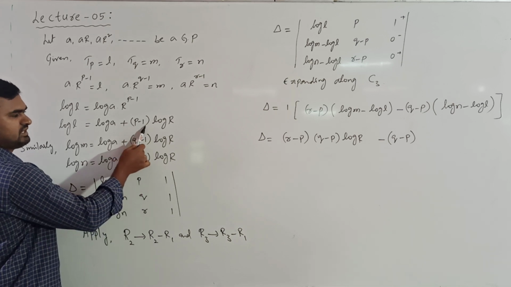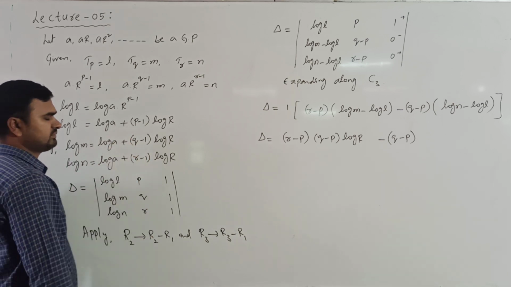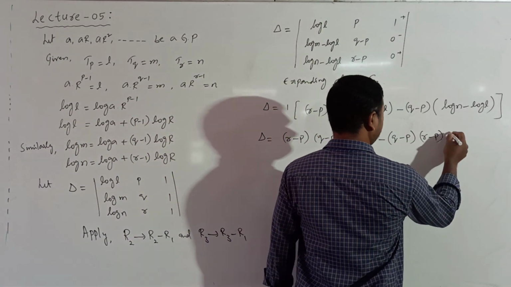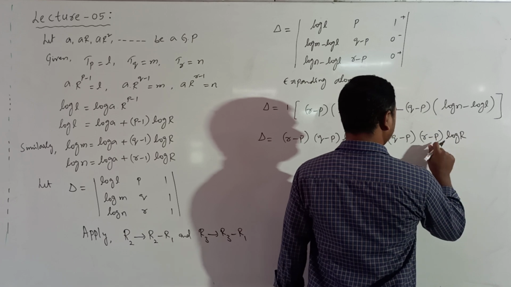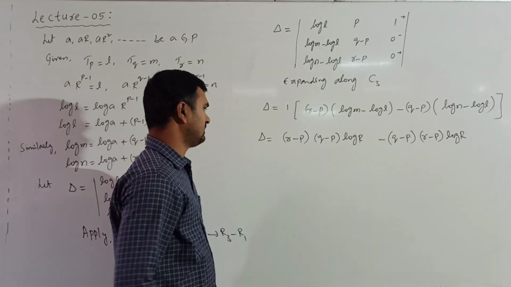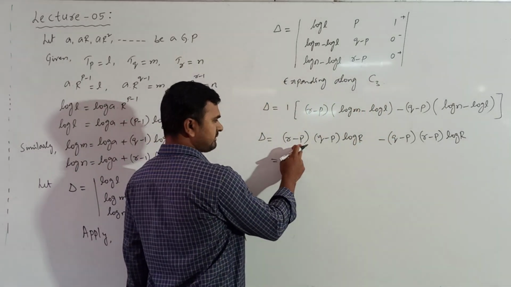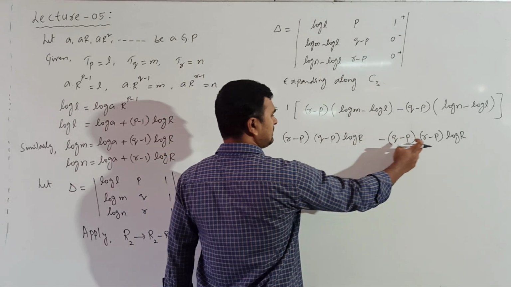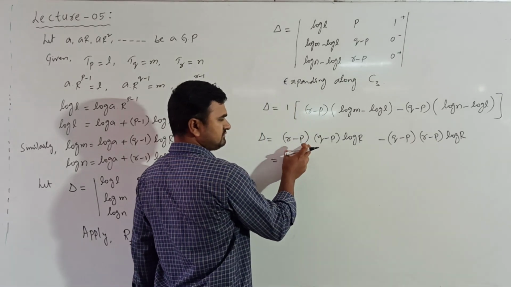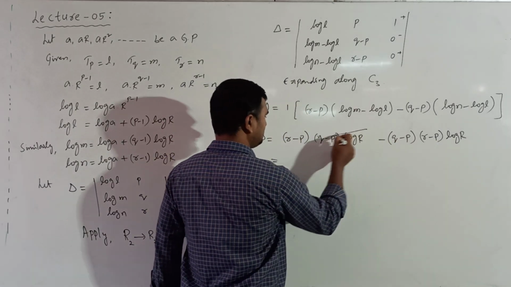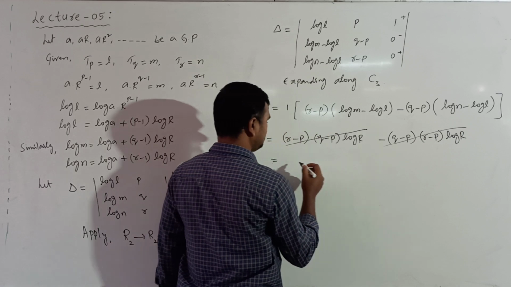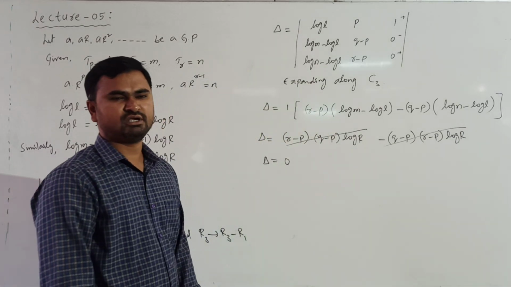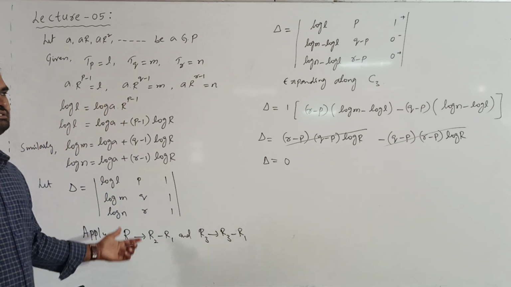R minus 1 minus of P minus 1, the 1 cancelled, so R minus P into log R. So we have R minus P, Q minus P into log R in both terms. Both terms are the same, one is plus and the other is minus, so the total will get cancelled. So we get the required determinant value, that is delta is 0.